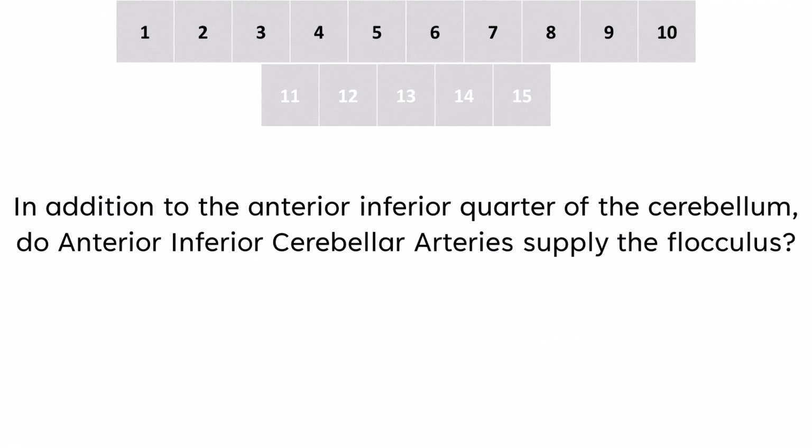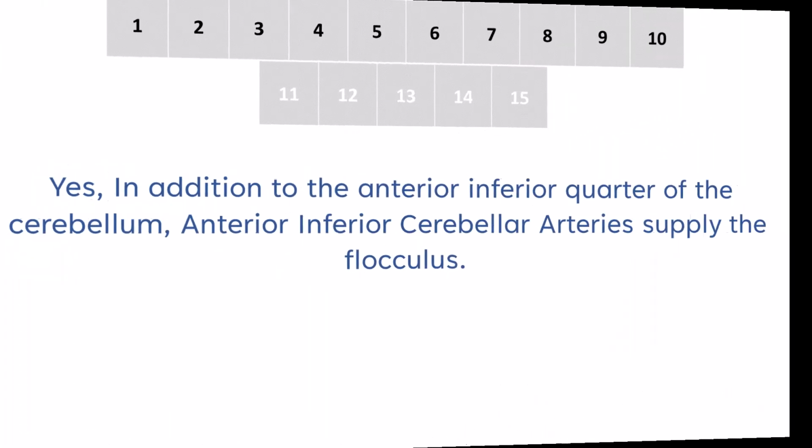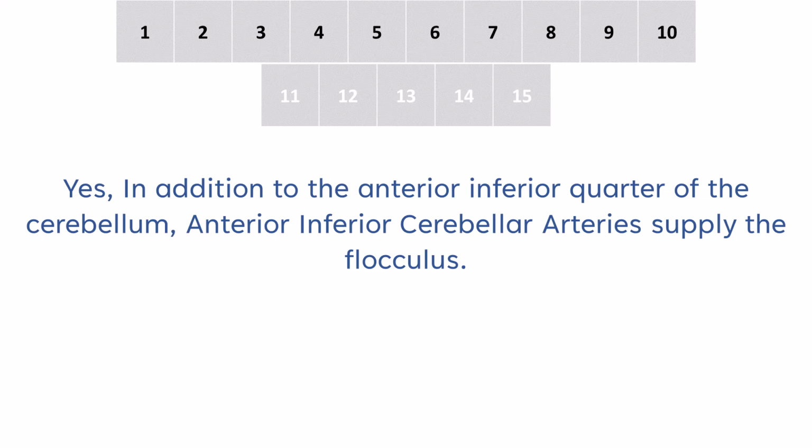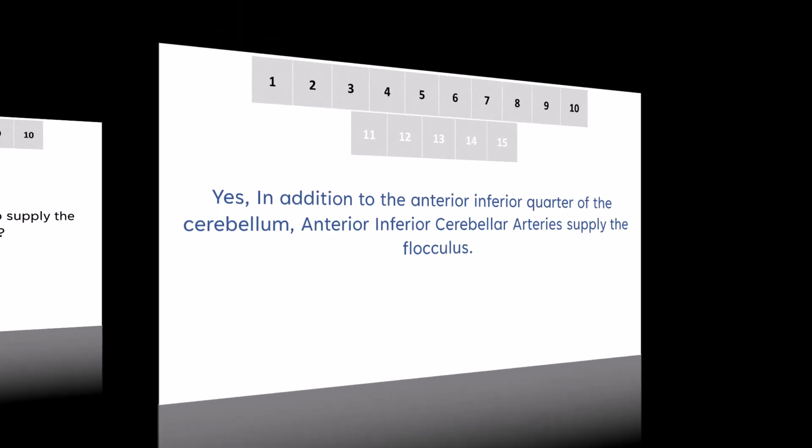In addition to the Anterior Inferior quarter of the cerebellum, do Anterior Inferior Cerebellar Arteries supply the flocculus? Yes, in addition to the Anterior Inferior quarter of the cerebellum, Anterior Inferior Cerebellar Arteries supply the flocculus.